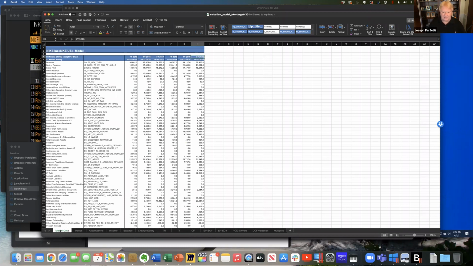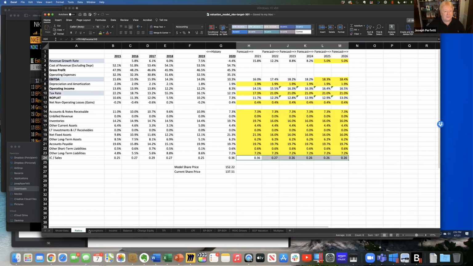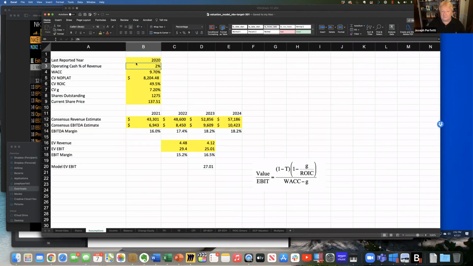For example, in an earlier class, somebody just pasted it in wrong. So that's a possibility. The other thing is you pasted it in right, but you forgot to change your last reported year. I changed the last reported year. I'll look and see if I pasted it wrong. But you could have copied and pasted it in wrong because it's really easy to do.